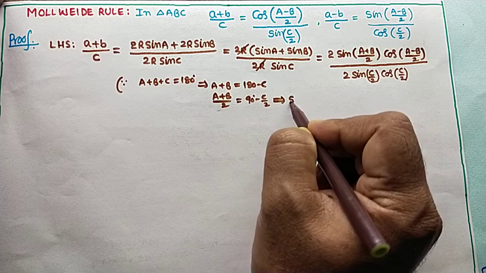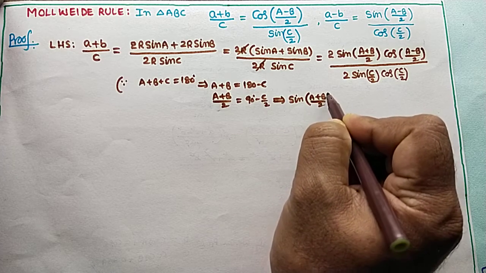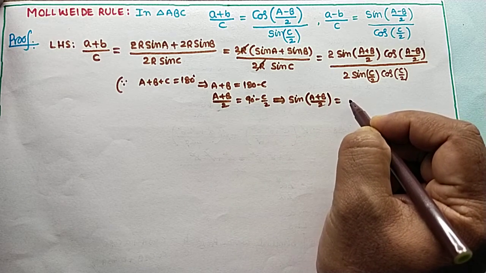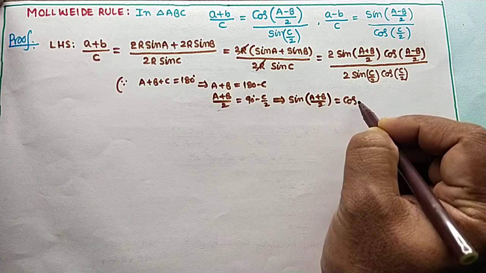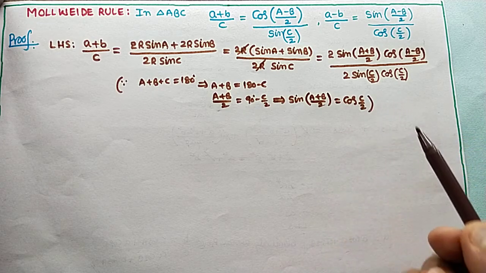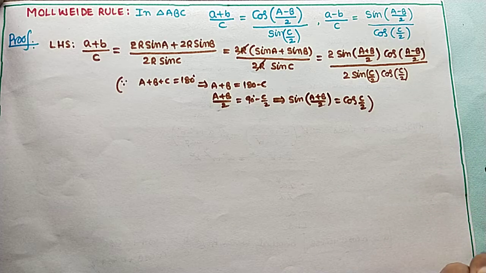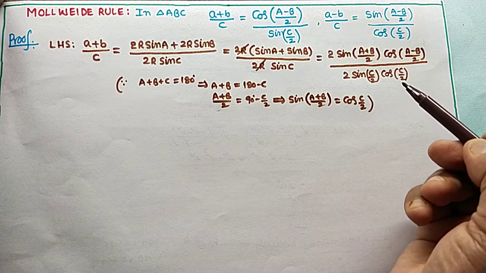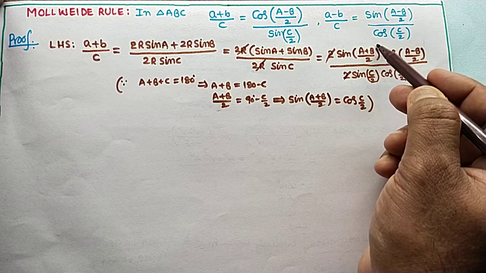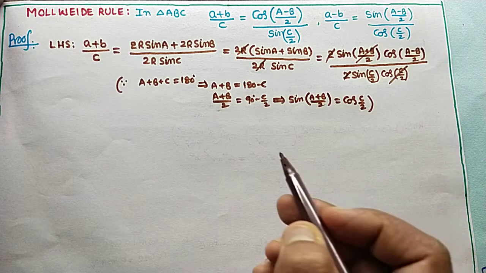Taking sine on both sides, sin of (A plus B) by 2 equals sin of (90 minus C by 2), which is cos C by 2. So sin (A plus B) by 2 and cos C by 2 are the same, so we cancel them. Here 2 gets cancelled, and sin (A plus B) by 2 and cos C by 2 also get cancelled.